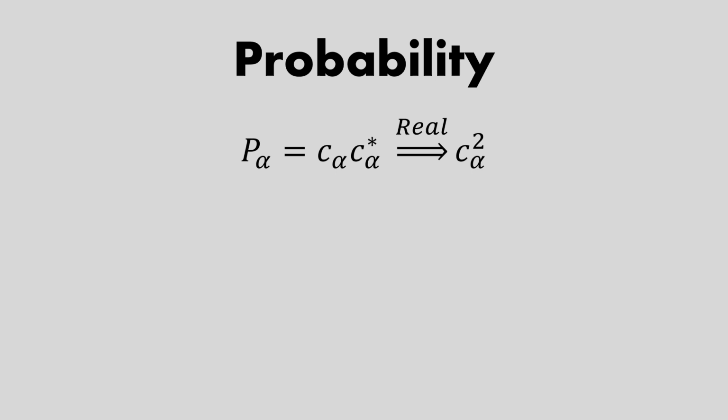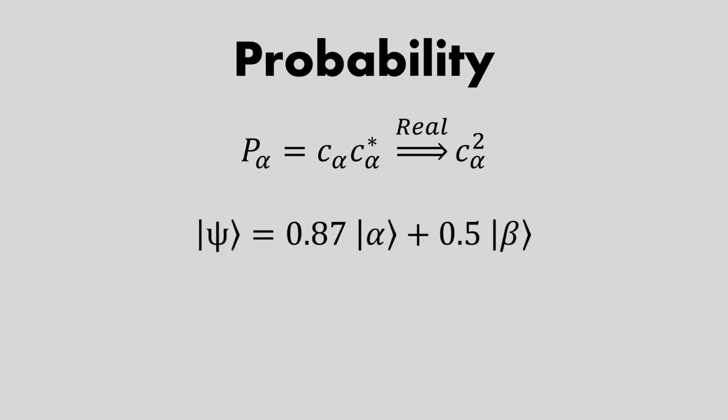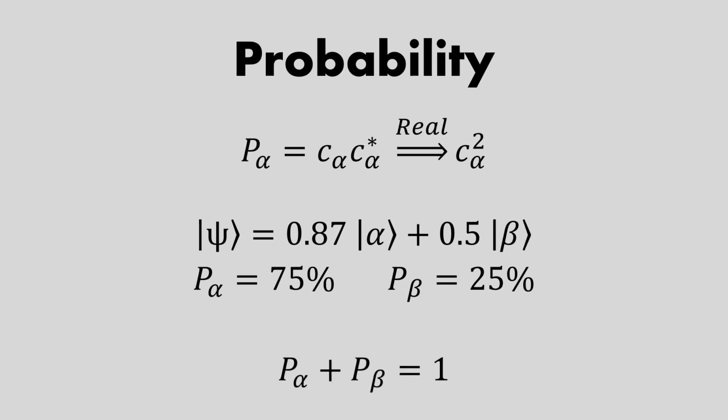So a C alpha of 0.87 and a C beta of 0.5 means 75% probability to find our particle in the up state, and a 25% probability to find it in the beta state. Remember, it's not the coefficient itself, but its square. Of course, the total probability must be 1. The particle must be in some state.